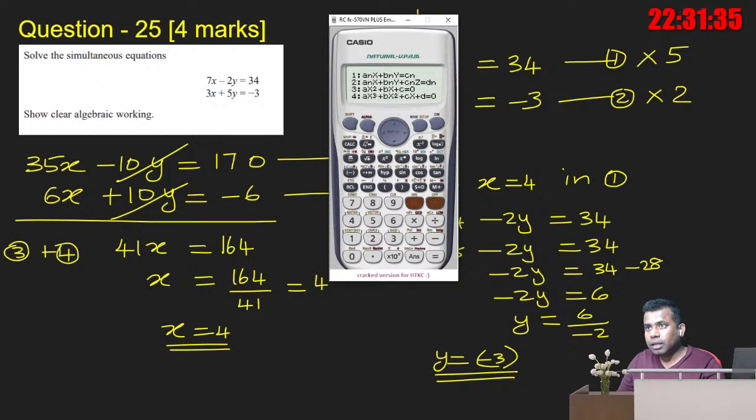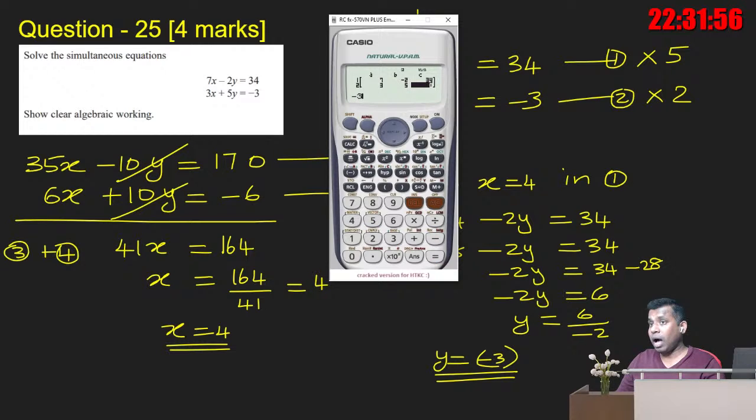I think it is A, B, C first. Right. A is 7, B is minus 2, and C is 34. And for the next equation, A is 3, B is 5, and C is minus 3.